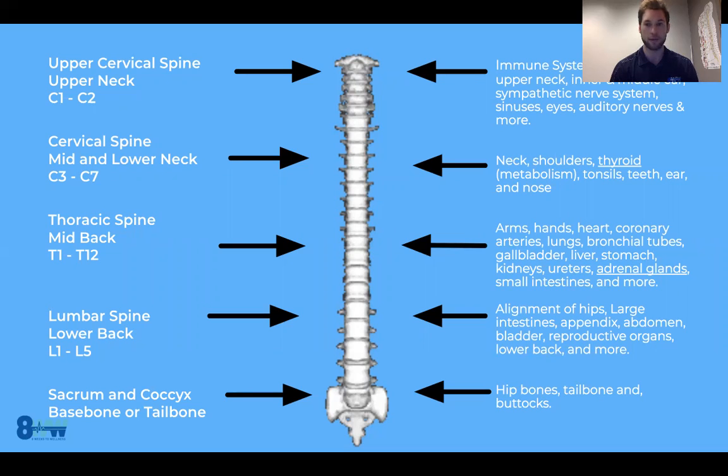And then low back, now we're talking more reproductive, bladder, digestive, and lower body, legs, toes, feet, things like that. So we want proper alignment, proper posture, proper curves within our entire spine, so that they don't have excess pressure or irritation that create these issues.